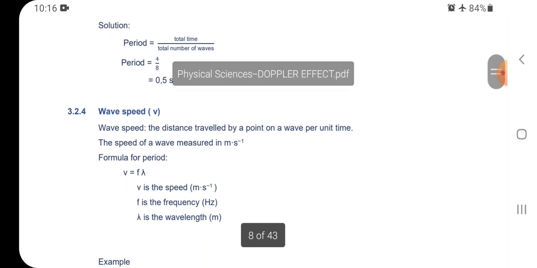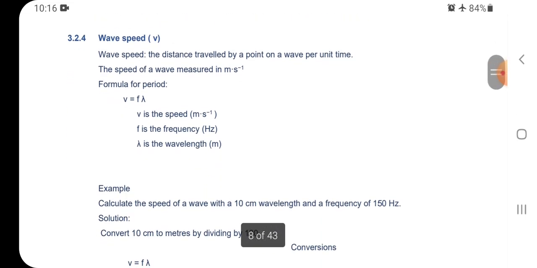Now we're going to look at the wave speed. Wave speed is the distance traveled by a point on a wave per unit time. The speed of a wave is measured in meters per second.